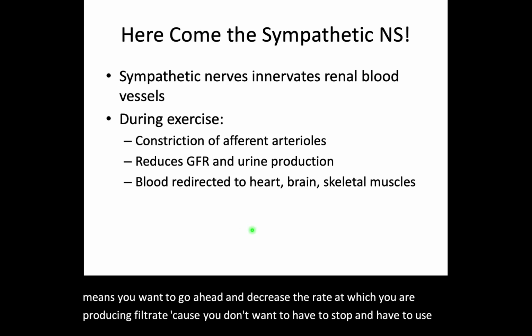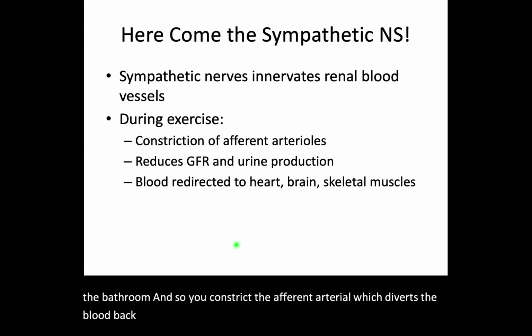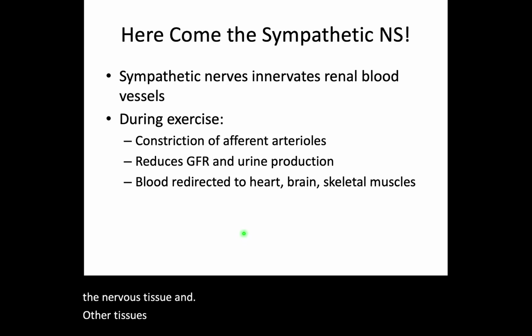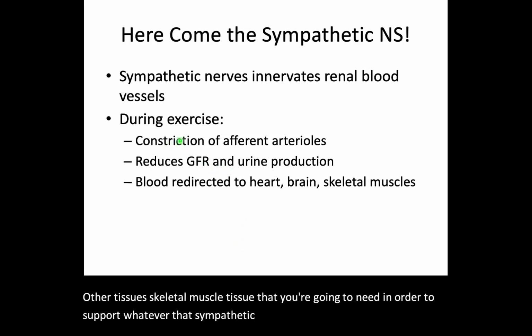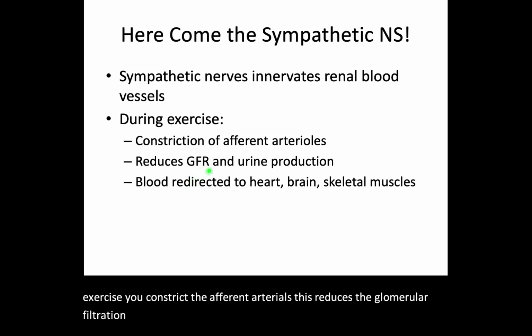And so you constrict the afferent arteriole, which diverts the blood back into the cardiovascular system to support the muscular tissue and the nervous tissue and other tissues, skeletal muscle tissue, that you're going to need in order to support whatever that sympathetic activity is. And so, for example, during exercise, you constrict the afferent arterioles. This reduces the glomerular filtration rate, which reduces urine production. And so that way, you're supporting sympathetic activity.